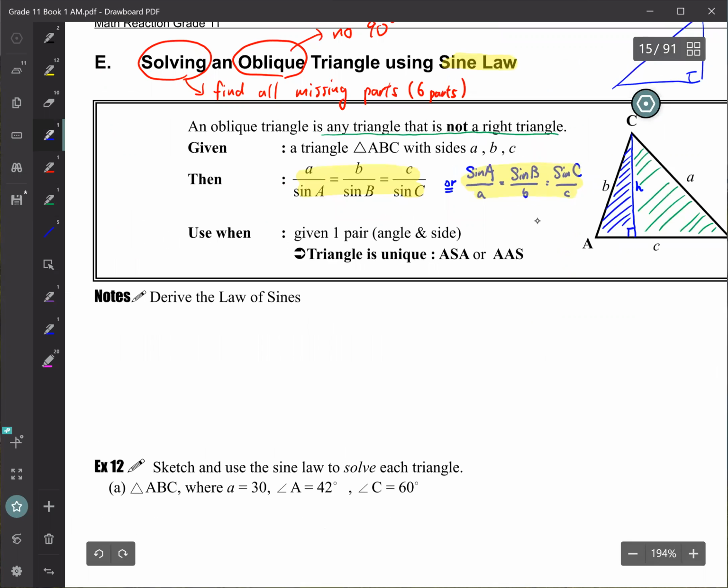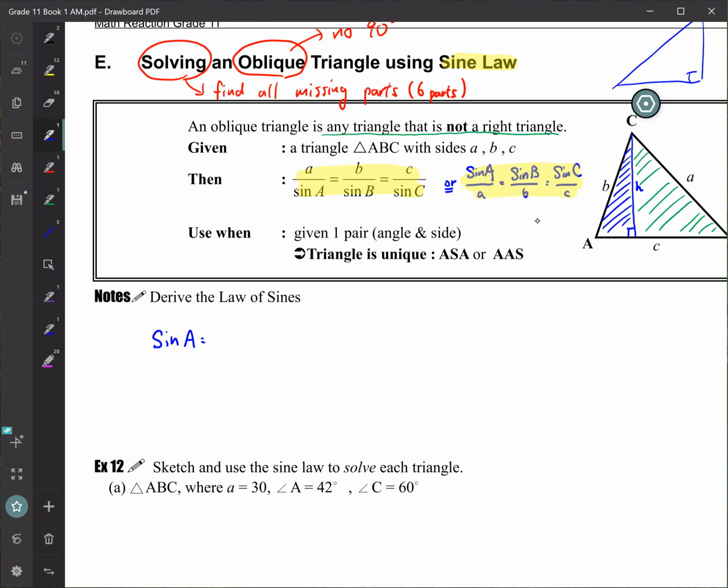If you look from angle A, okay? Look from angle A, and I want to find sine of A. Remember, sine is opposite, right? So opposite over hypotenuse. So what is sine A? What over what?